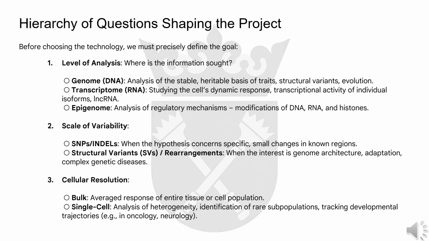Third, do we want to see an average from the entire cell populations? Or do we need single cell resolution? The answers to these questions are crucial because they determine not only the choice of technology, but also the way we prepare samples, the statistical design, and ultimately whether the results will make sense.